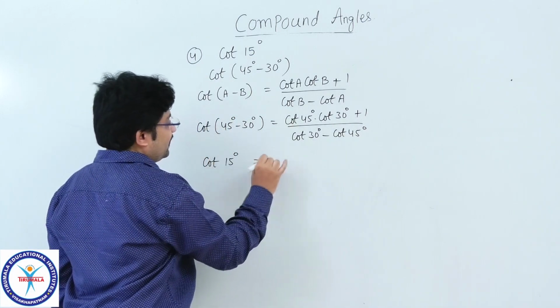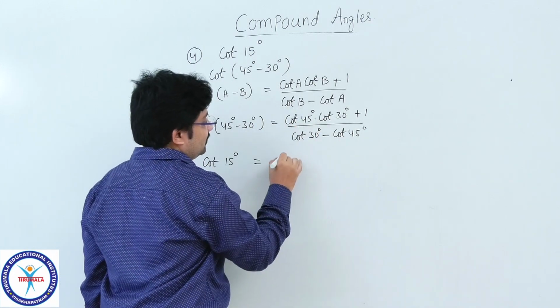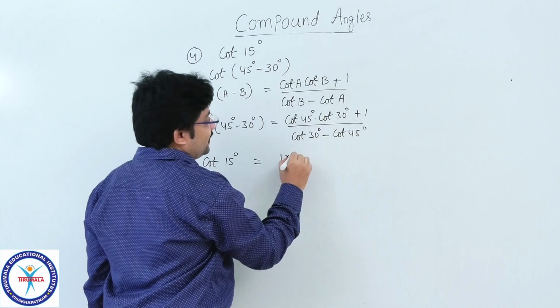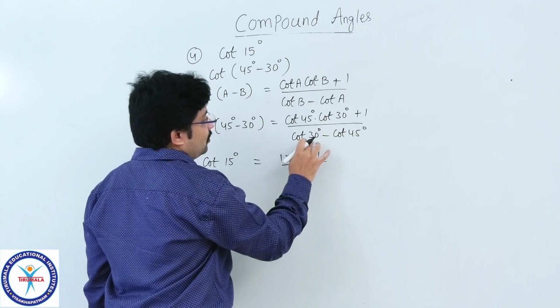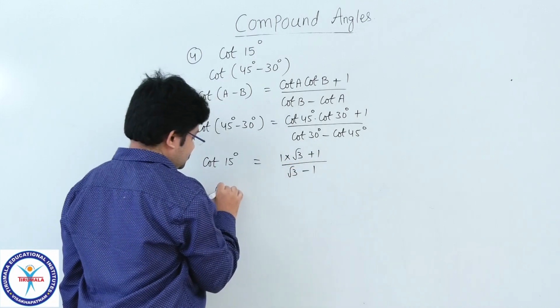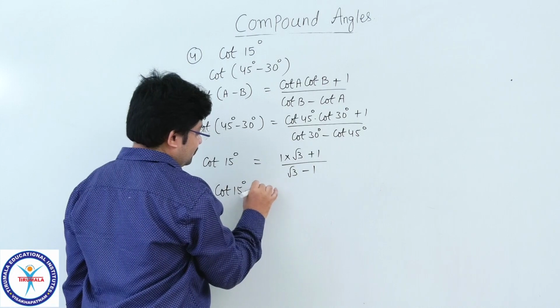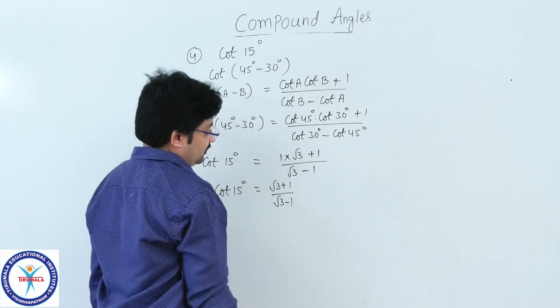Therefore, cot 15 degrees is equal to, the value of cot 45 degrees is 1, cot 30 degrees is root 3, (root 3 plus 1) by (root 3 minus 1). That is cot 15 degrees is equal to (root 3 plus 1) by (root 3 minus 1).